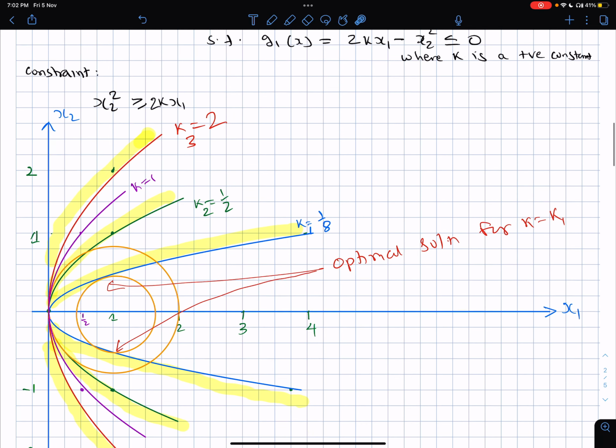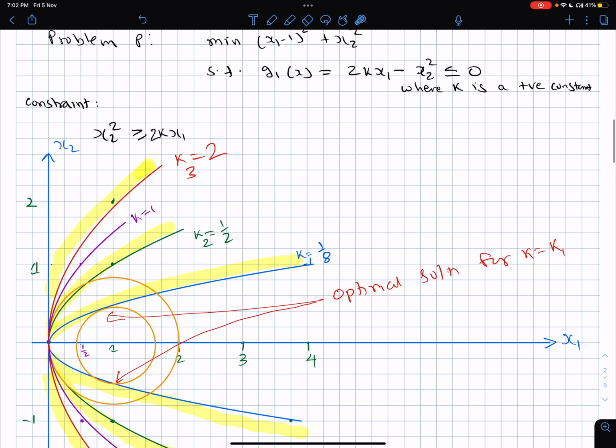So let's plot this. Let me start with, let's say, k equal to half. If I take k equal to half, which I have drawn here, then I am getting x2 square should be greater than or equal to x1.